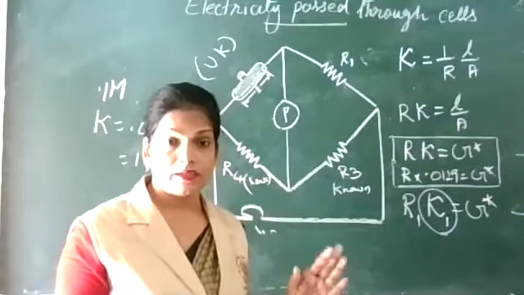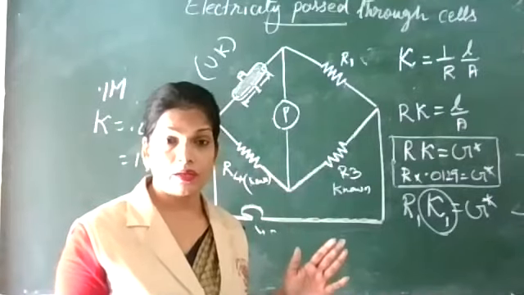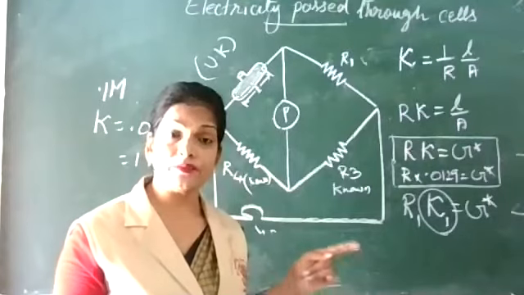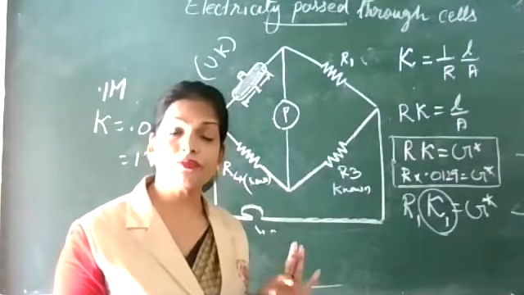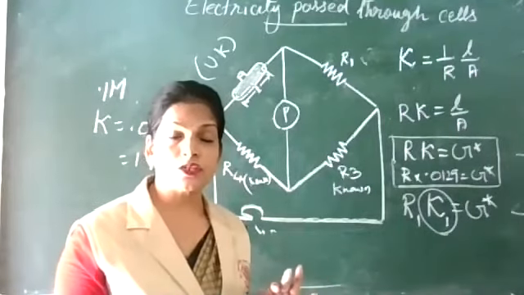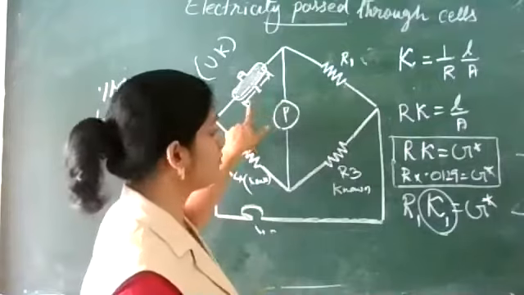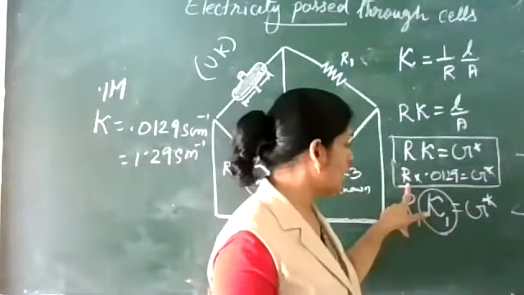Shake it well for uniform concentration. But to make 0.1 molar, 7.45 grams of KCl is to be dissolved to make 1 liter of solution. You fill that solution in this and find out the R.